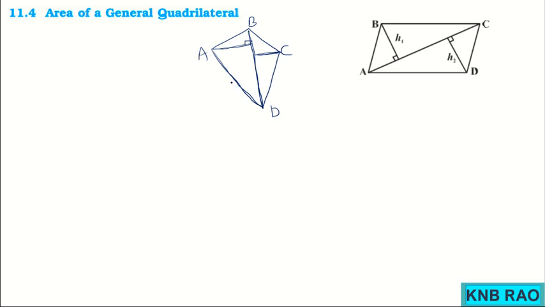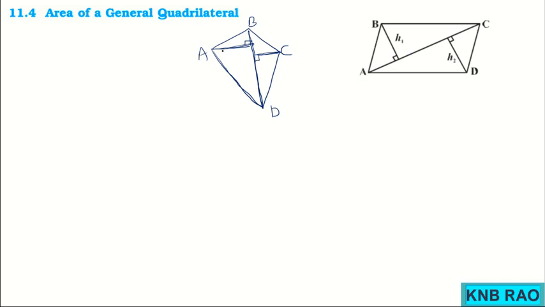To find the area for triangle ABD, I need a perpendicular to the base BD. So, that is what I have constructed here. Later, to find area of triangle CBD, I need further the corresponding perpendicular dropped from C to the base BD. So, that is how it is shown.